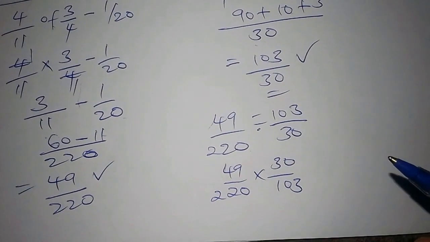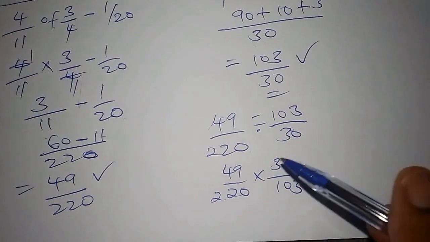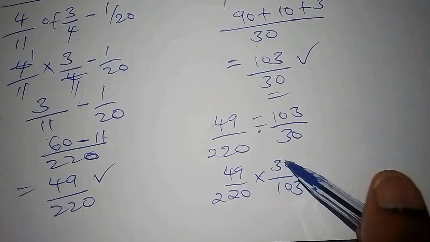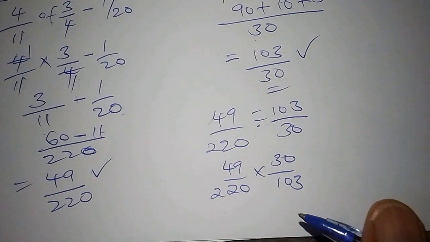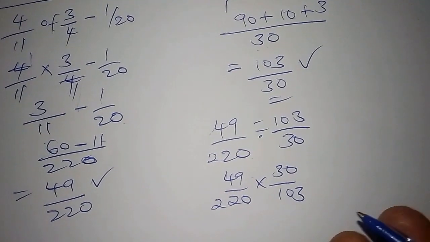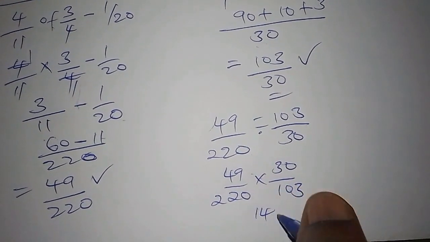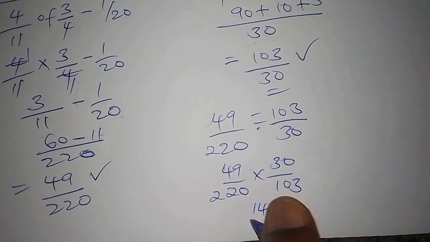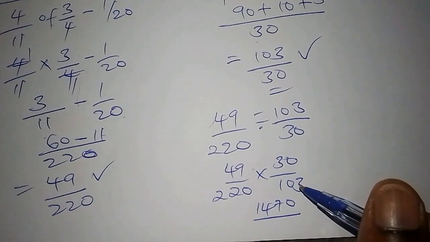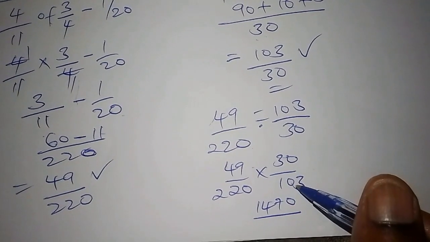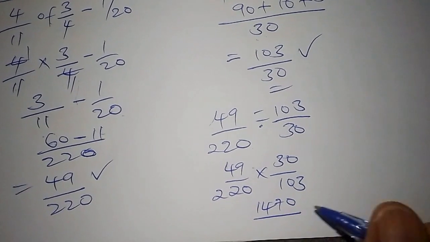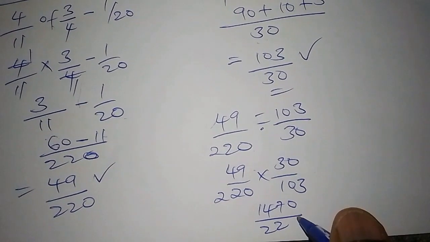So what we are going to do, we are going to multiply directly, 49 times 30, and we have our answer as 1470 divided by 220 multiplied by 103, and the answer is 22,660.